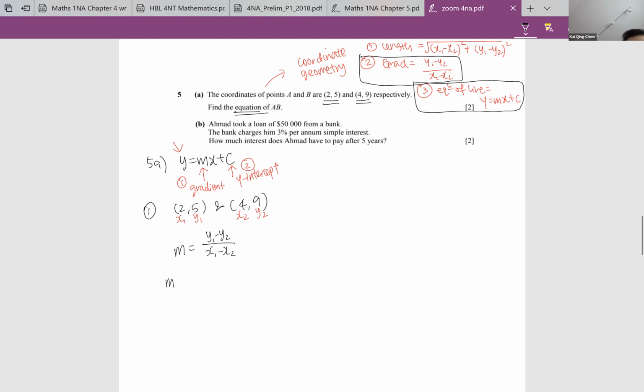Now I just sub in: y1 is 5, y2 is 9, x1 is 2, x2 is 4. So 5 minus 9 divided by 2 minus 4, I get 2. So I completed my first aim, which is to find my gradient.